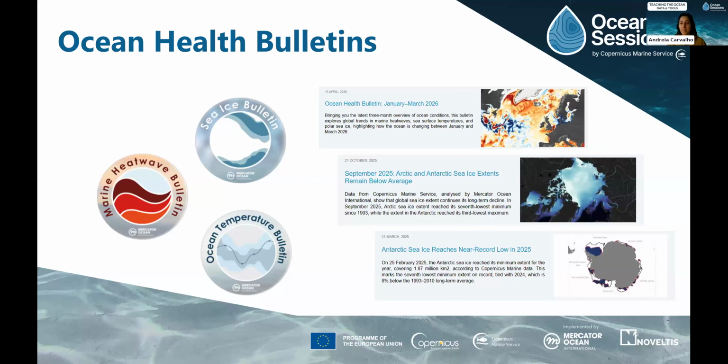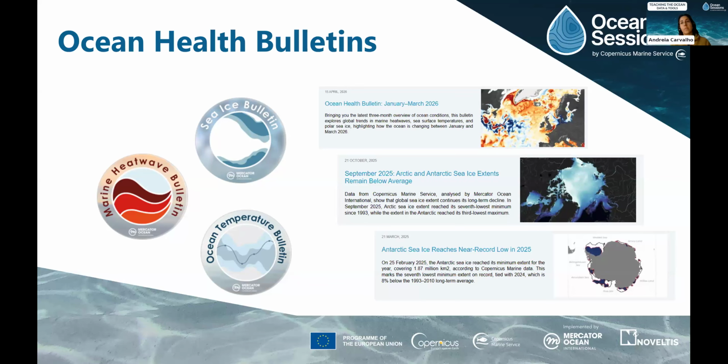And lastly, we monitor the ocean continuously with the Copernicus Marine service, and we publish bulletins providing analysis on, for example, the temperature, sea ice, and marine heat wave events. So on a quarterly basis, we provide a recap, a synthesis of the last few months related to these different variables.